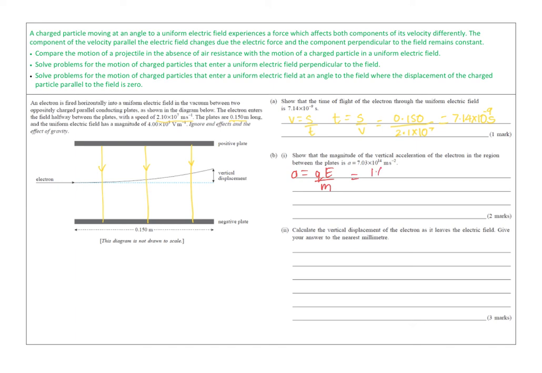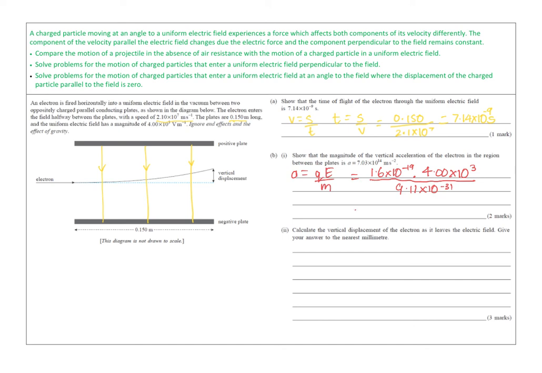Q is equal to 1.6 times 10 to the minus 19, times an electric field strength of 4.00 times 10 to the 3, divided by the mass of the electron, which is 9.11 times 10 to the minus 31 kilograms.